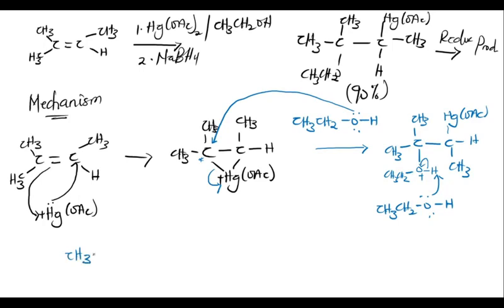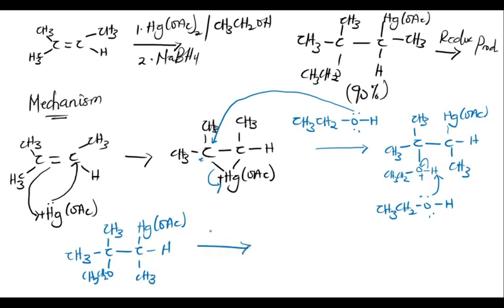We now get our intermediate, which looks like this: CH3CH2, then we have our acetoxymercuric group at the top over here, we have hydrogen, then we have our CH3 or the methyl group over here.